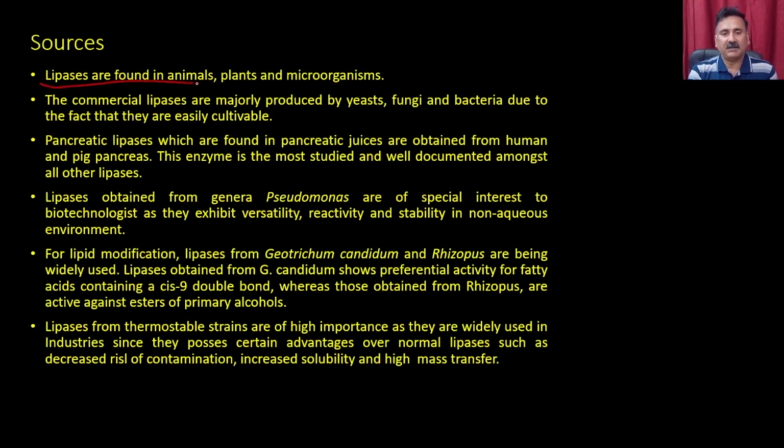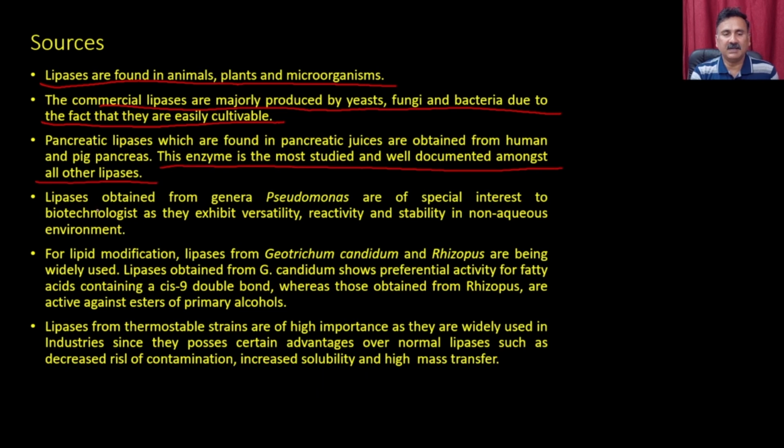Sources. Lipases are found in animals, plants, and microorganisms. The commercial lipases are majorly produced by yeast, fungi, and bacteria because they are easily cultivable. Pancreatic lipase, which is found in pancreatic juices, is obtained from human and pig pancreas. This enzyme is the most studied and well documented among all other lipases.